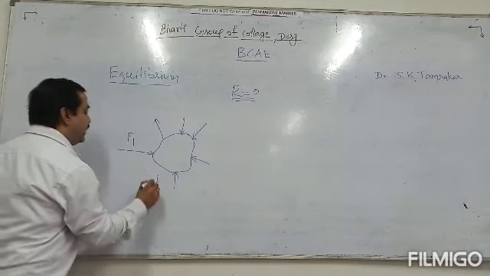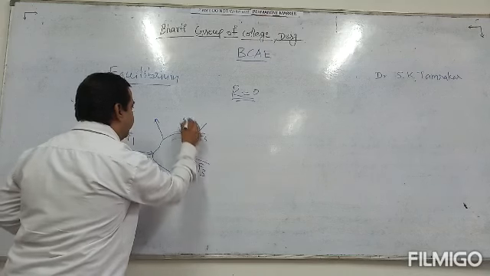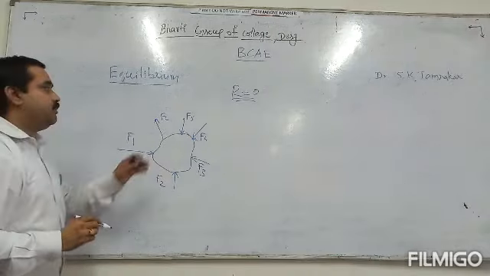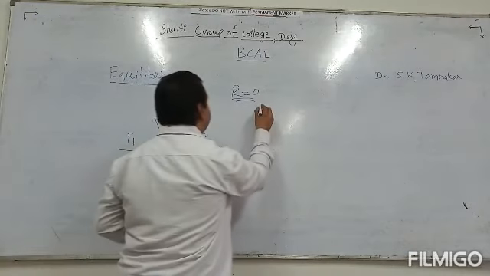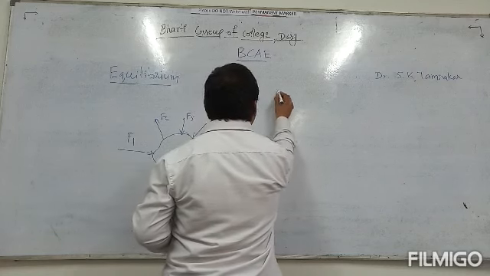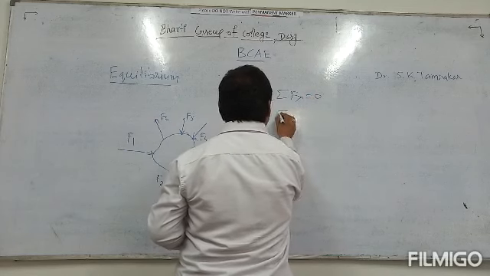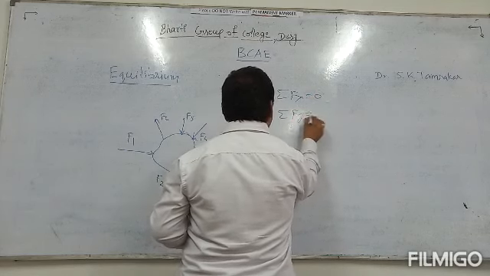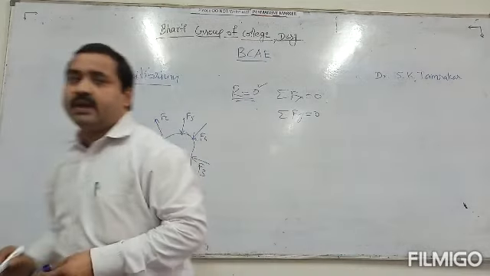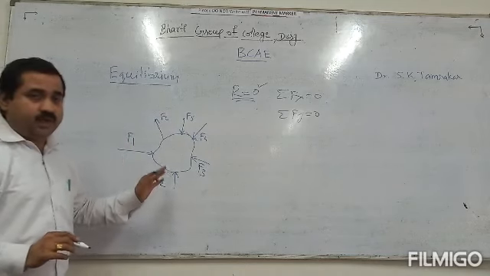If these are F1, F2, F3, F4, F5, F6, these number of forces are acting, then the resultant is 0. That is, summation of Fx equal to 0, summation of Fy equal to 0, and this resultant is equal to 0. At that condition, the body is in equilibrium.